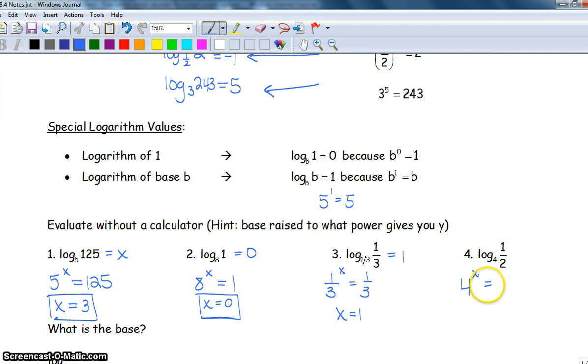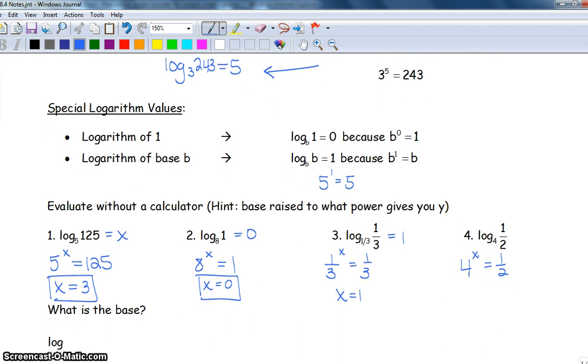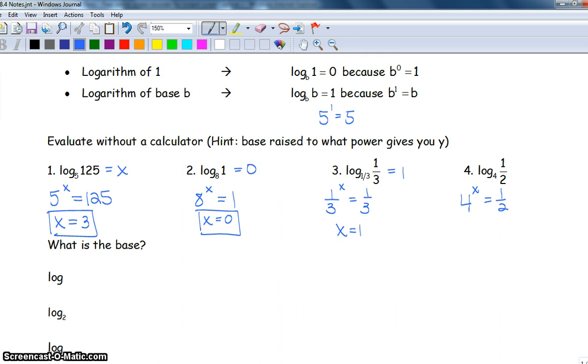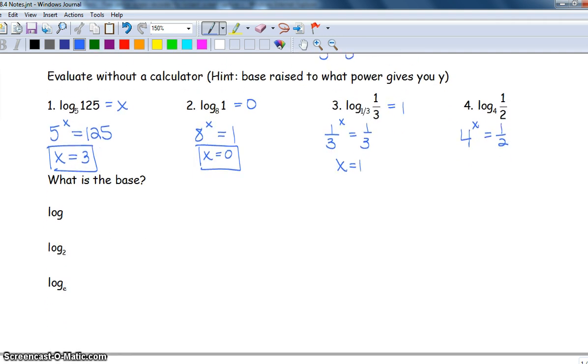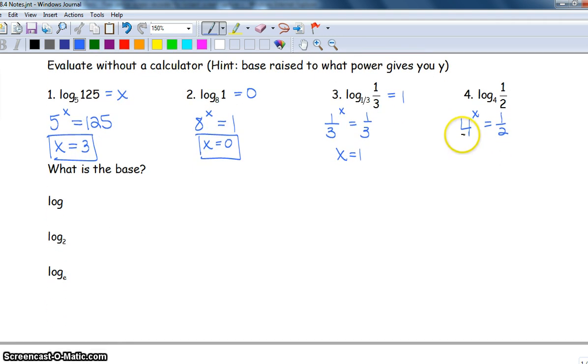4 to what power gives us 1/2? And this one is a bit trickier. First thing I'm going to look at is the relationship. I know that I have a relationship between 4 and 2, and 4 and 1/2. I know that this is half of it. I also know that if I take that and flip it to the bottom, I'm going to have negative exponents.